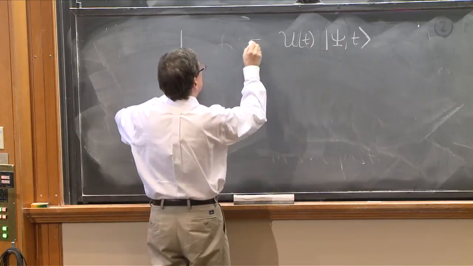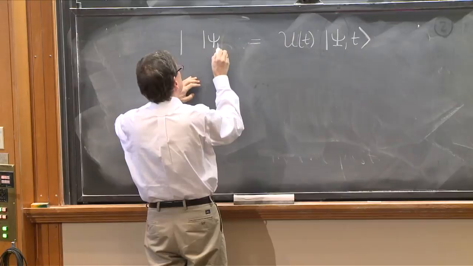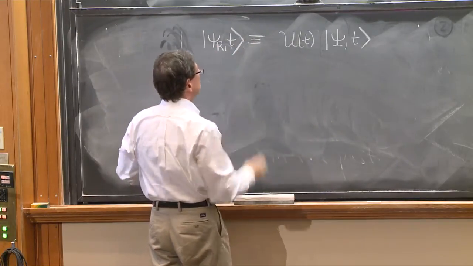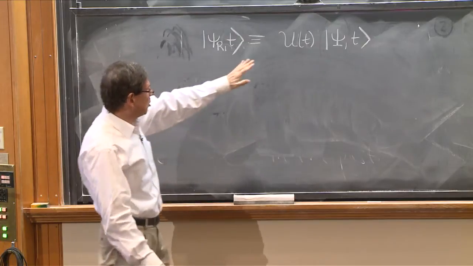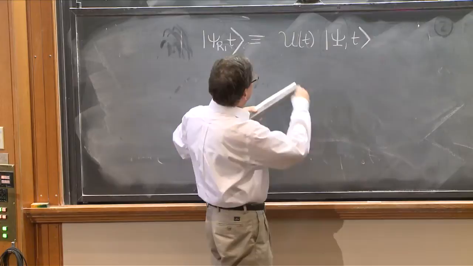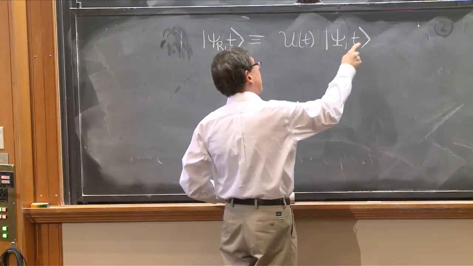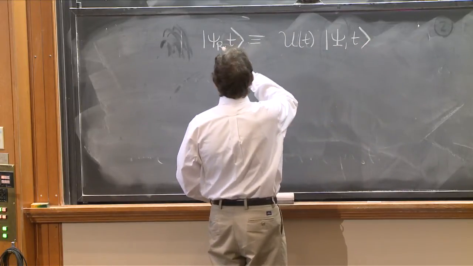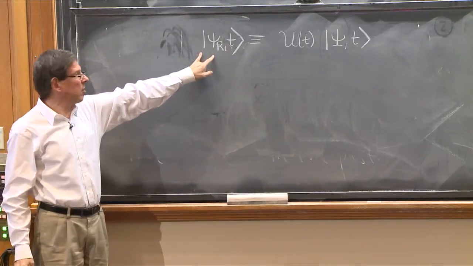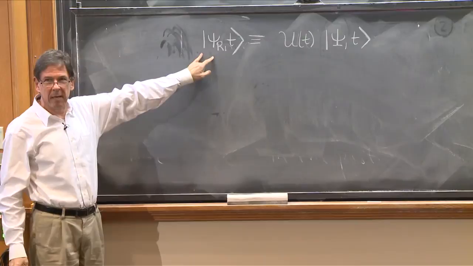And this I'm going to call the rotated wave function. It's a definition. We're going to use this operator that seems to induce a rotation of the frames and act it on the state to find this. And we're going to hope that the Schrödinger equation for this one is simpler.